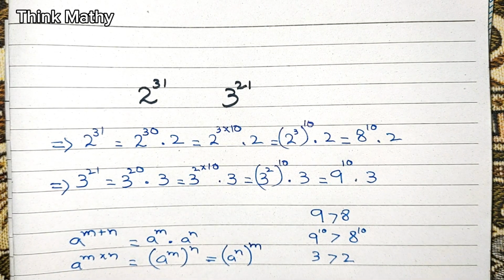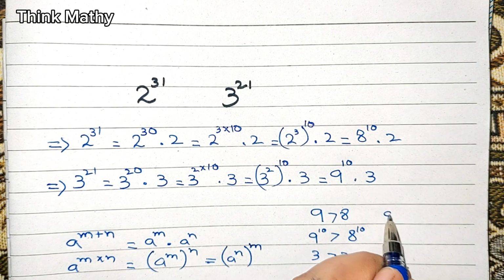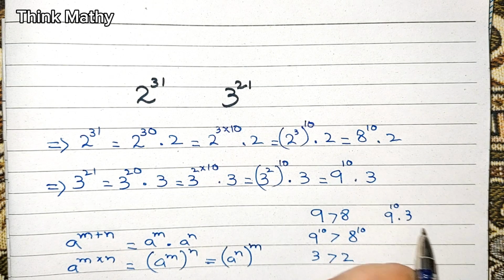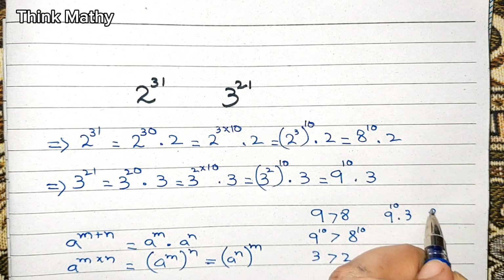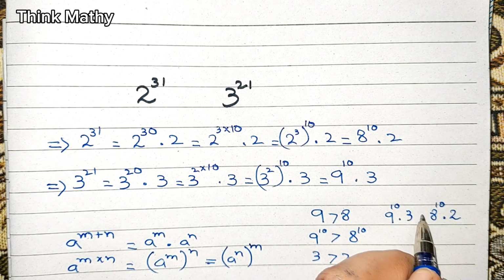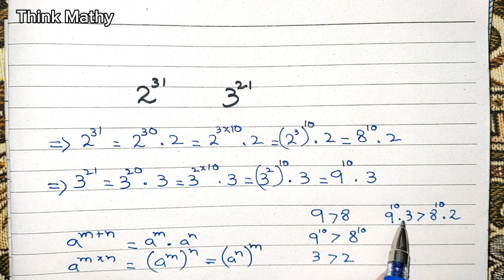So what we got from here: 9 to the power 10 times 3 is greater than 8 to the power 10 times 2.